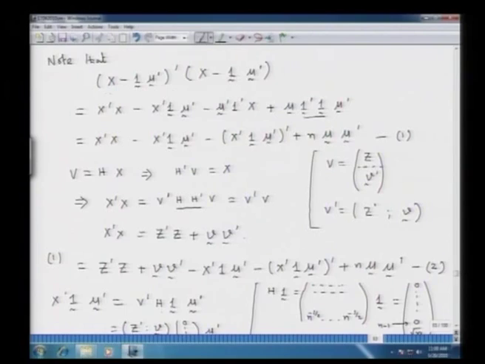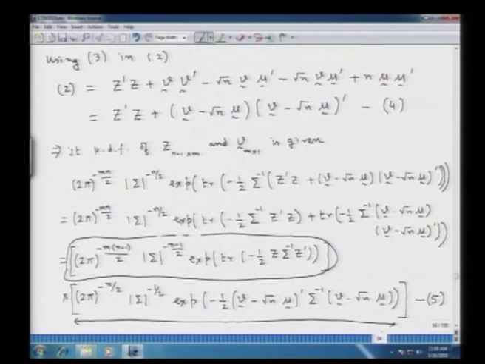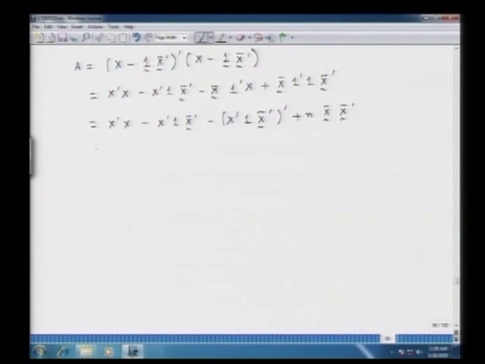So, we had that term finally reducing to z transpose z plus V minus root n times mu into V minus root n times mu transpose. Now, in the present expression, if we just replace mu by x bar, we are going to have the form of the expression which we are now looking at.